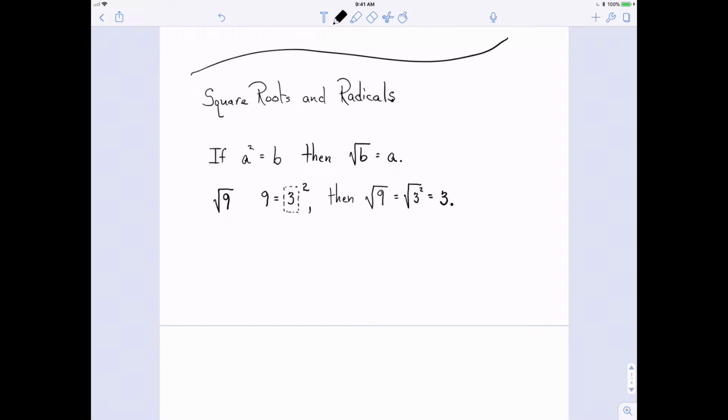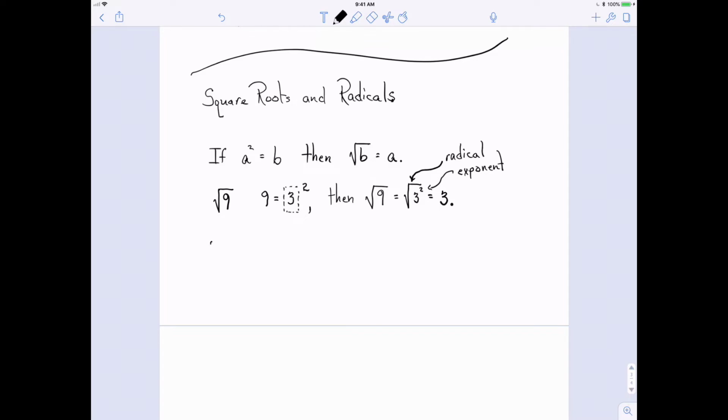Notice that both the square root, this piece here, or I should label this, is called the radical. And again, the 2 is still an exponent. And notice that those are gone. Those are gone. So let's try another one.